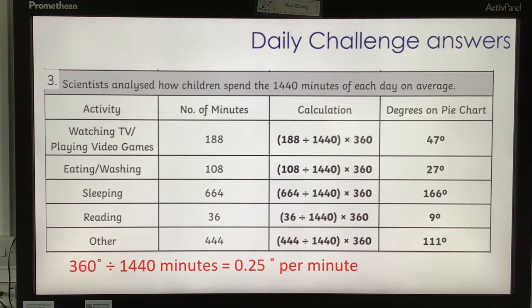Whichever way you do it, you get the same answer, which gives you 47 degrees, 27 degrees, 166 degrees, 9 degrees, and 111 degrees. So this is all working out how much each degree would be worth, and then how much each segment would be in degrees.